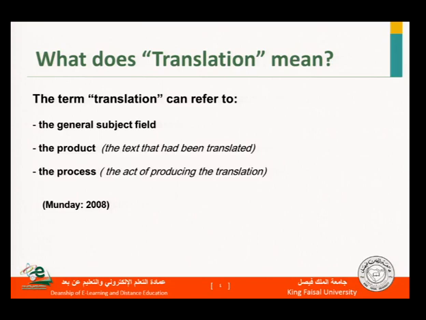You may also go to Google and ask Google about something. This process, as Jeremy Munday suggests, is also maybe called translation.